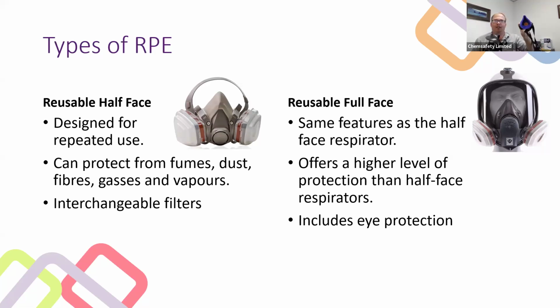So the half face, as you can see, it really only just seals around the mouth and the nose, whereas the full face respirator, not only does it seal around the mouth or nose, but it has the sealing surface here, which goes around the edge of the face. And therefore it has sort of two layers of sealing protection along with the filtration as well. So it can provide a higher level of protection than a half face respirator reusable.